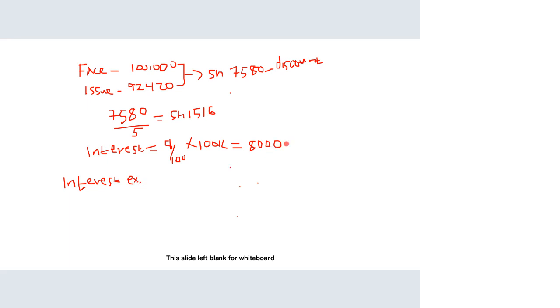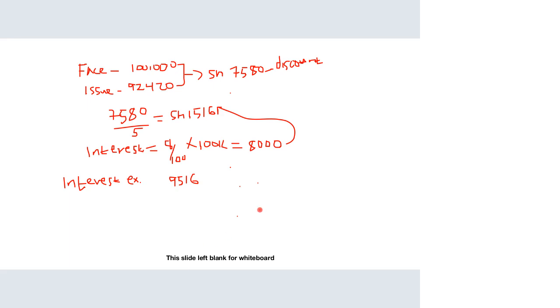So if you add 8,000 to 1,516, that will be, sorry, 9,516. So that is the first entry that we'll make.